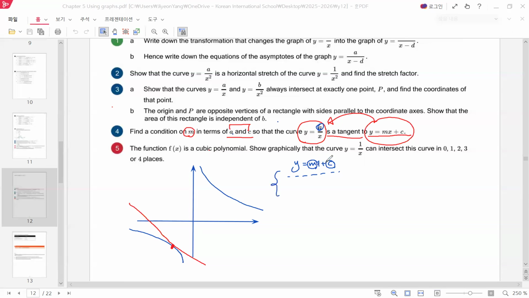So, y equals mx plus c is a straight line graph. If the straight line can be drawn in this way, then it's a tangent line, right? So we need to find the condition on m in terms of a and c to be a tangent line to this curve. Take y equals mx plus c and y equals a over x. You can make an equation a over x equals mx plus c, because if this line is tangent to this curve, it means they have only one intersection point.